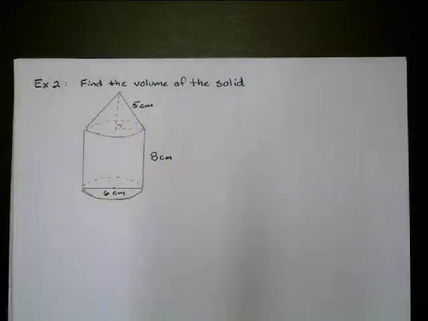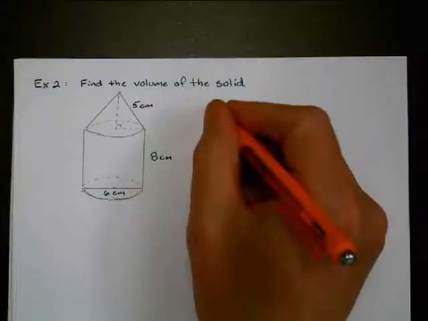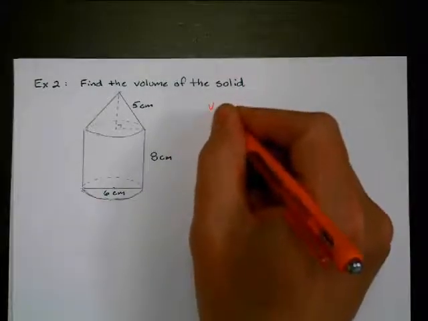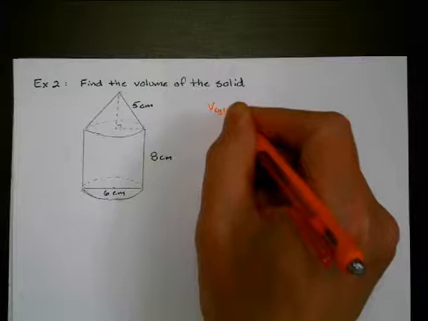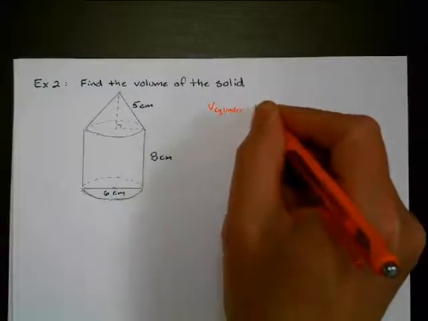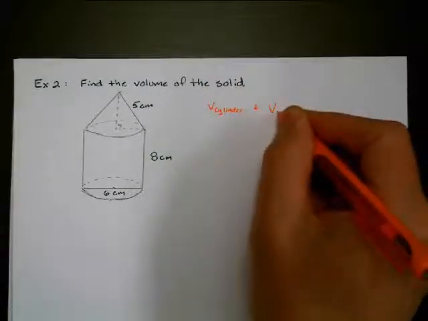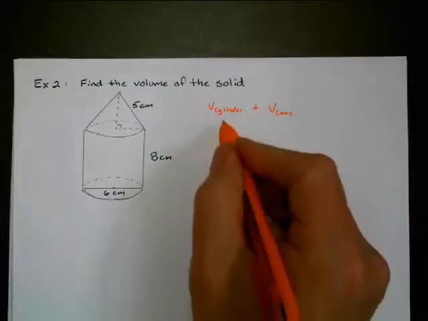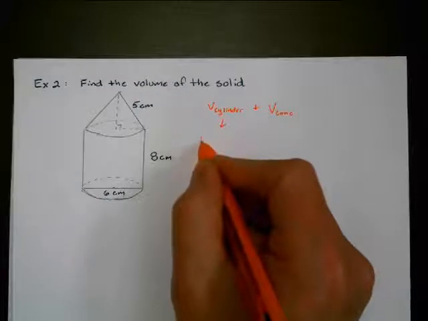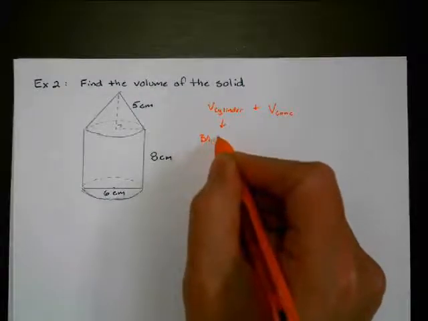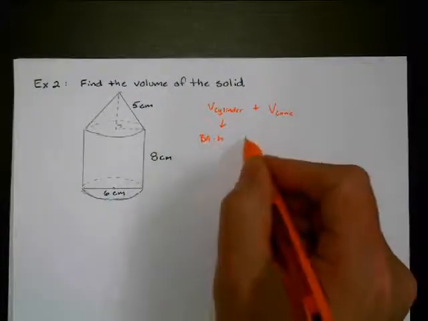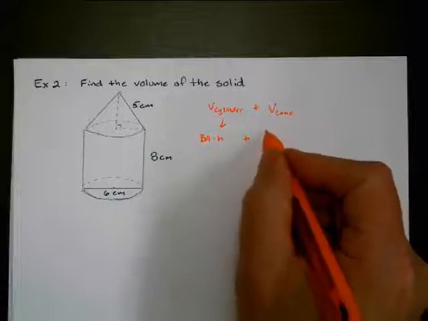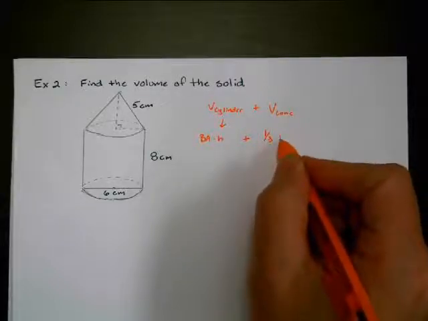So I'm going to take the volume of a cylinder and add it to the volume of the cone. Okay, so remember the volume of a cylinder is base area times the height. The volume of a cone, 1/3 base area times the height.